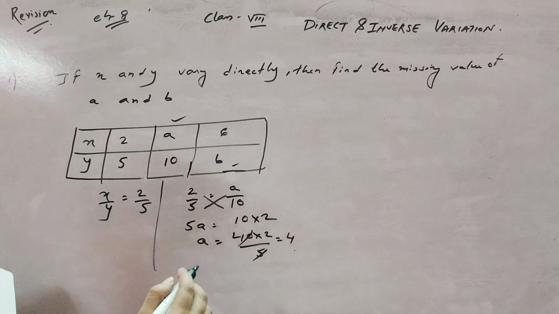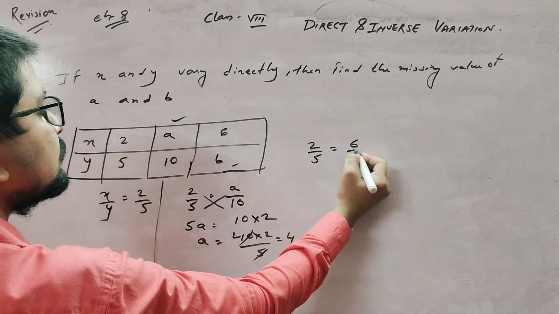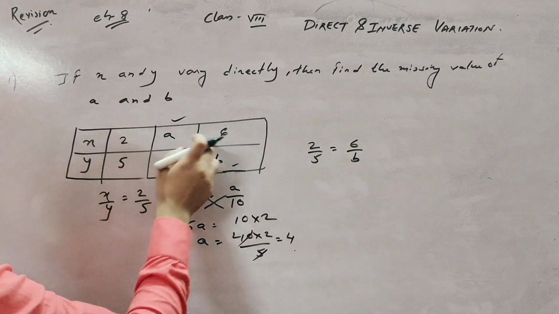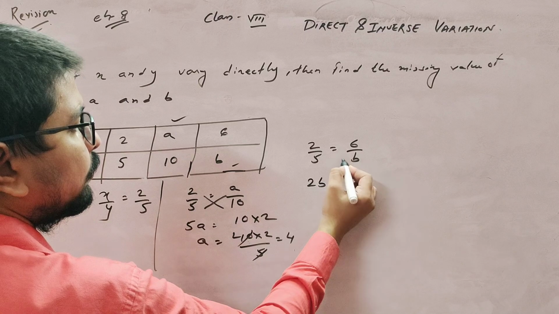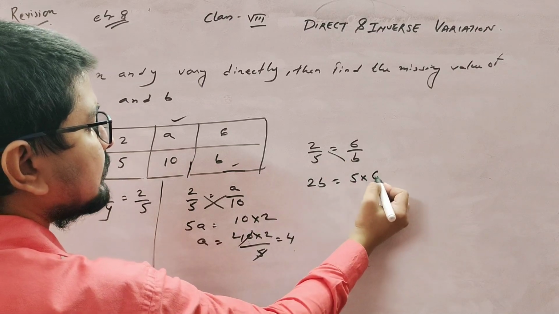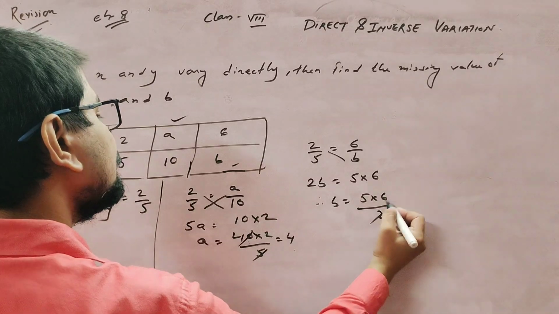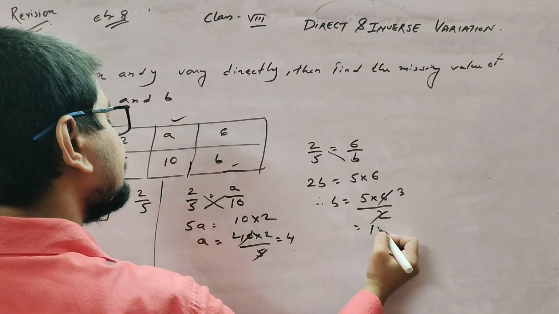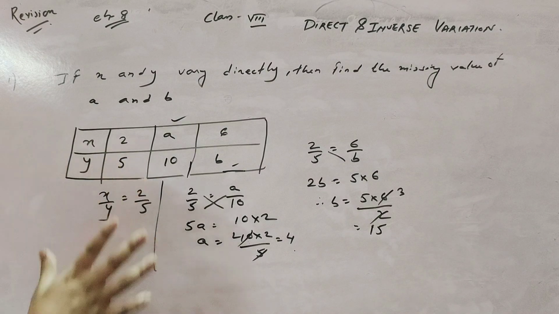Now again we write that 2 by 5 equals 6 by b, so 2 into b equals 5 into 6, therefore b equals 5 into 6 by 2, which is 15. We know that this is directly variable, so write it down.